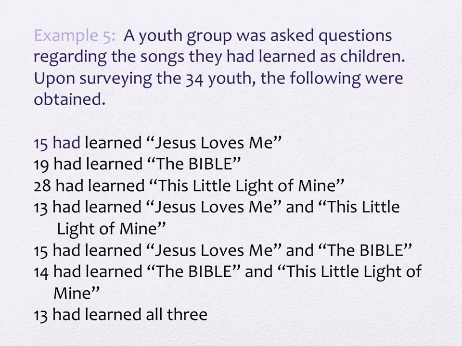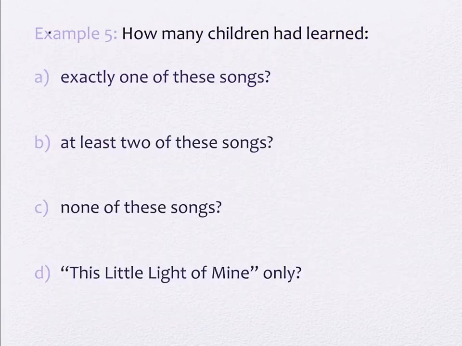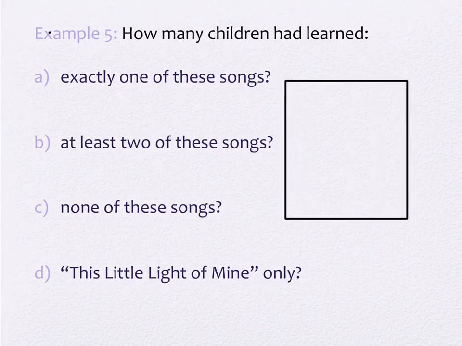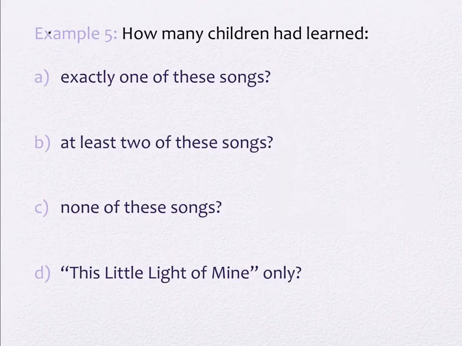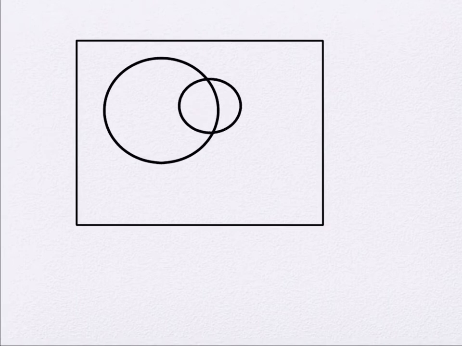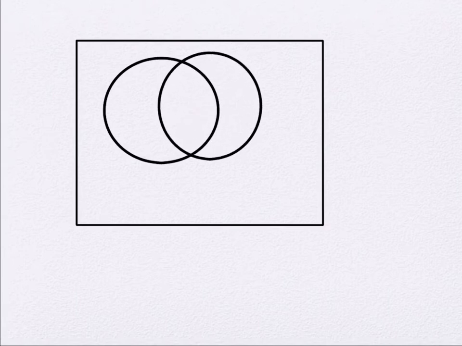Okay. First, we have to decide how many circles we need in our diagram. 3, all right? And what are our 3 circles? Actually, let me see if I have space over here. I do. The 3 different songs, right. So we have our 3 different songs.